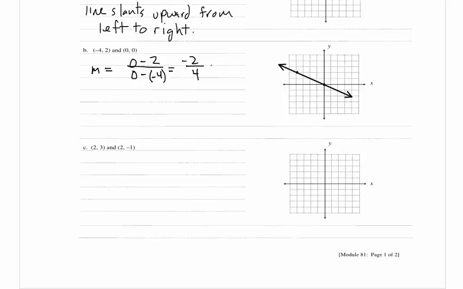And -2/4 can be reduced to -1/2. So we have a negative slope, which means that our line slants downward from left to right.